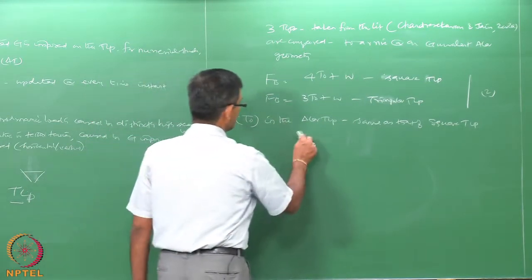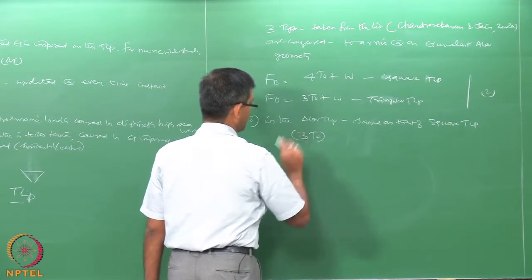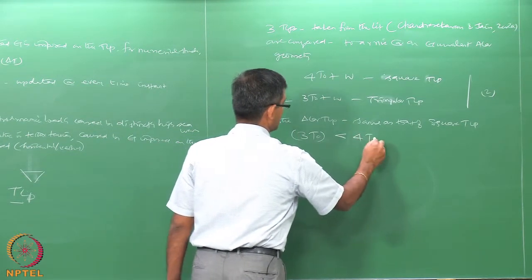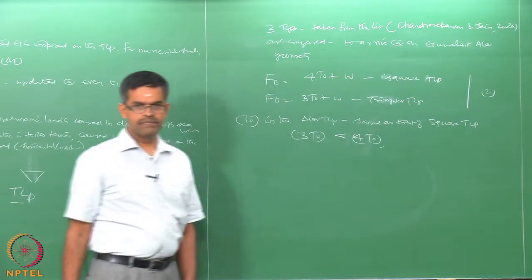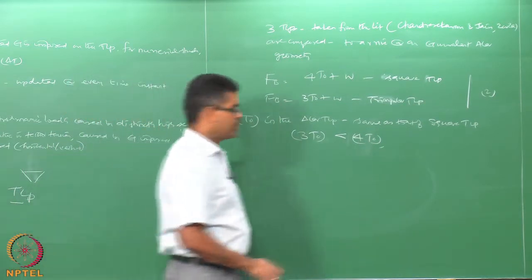So, since the total tension in triangular TLP is lesser than that of square TLP, weight is increased. Okay.